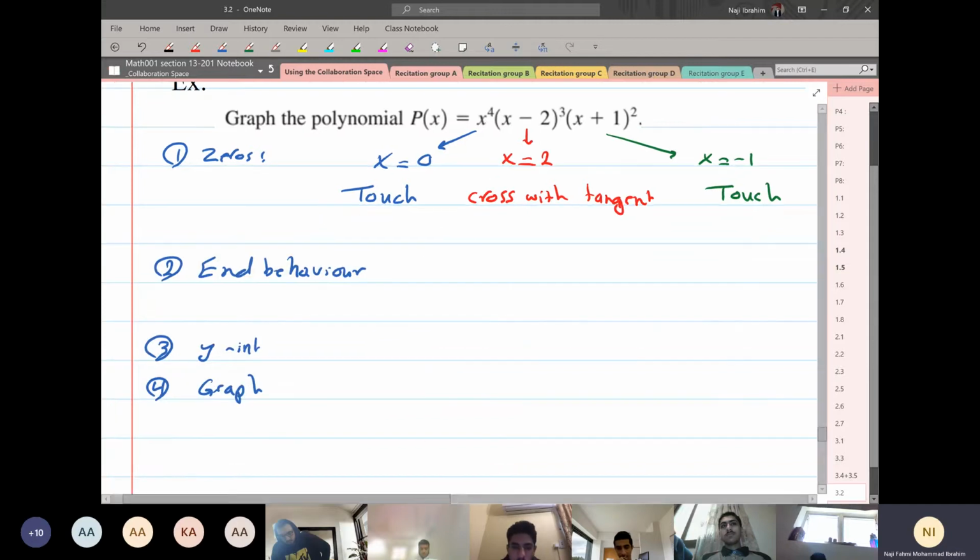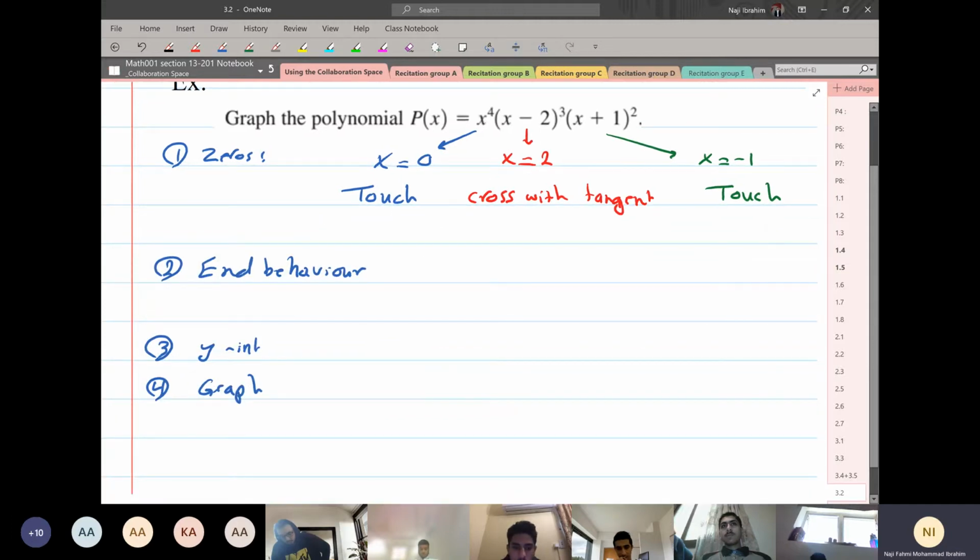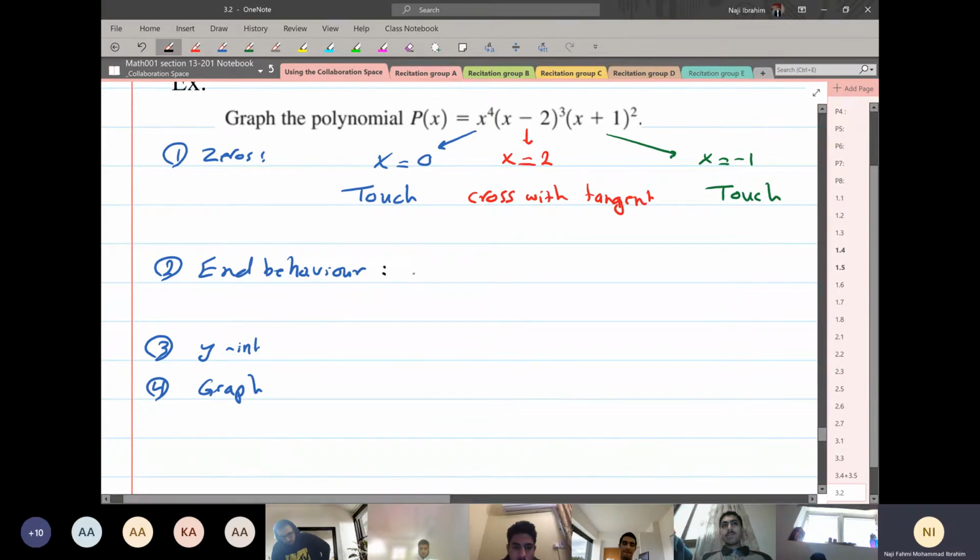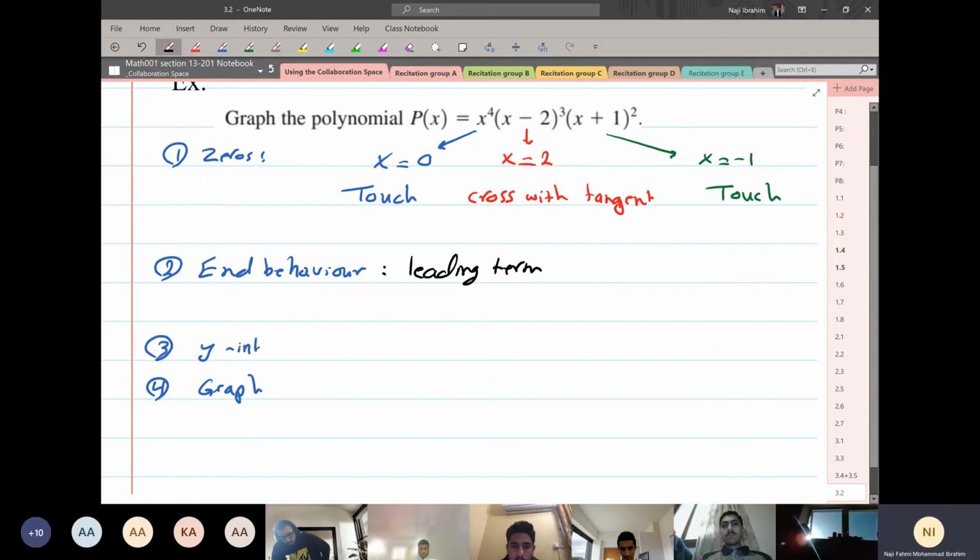Our second step is to study the end behavior. And to do that, Shabab, please pay attention. This is very important. We have to find something called the leading term. What's the meaning of leading term? The term that contains the highest power. And how can I find this?